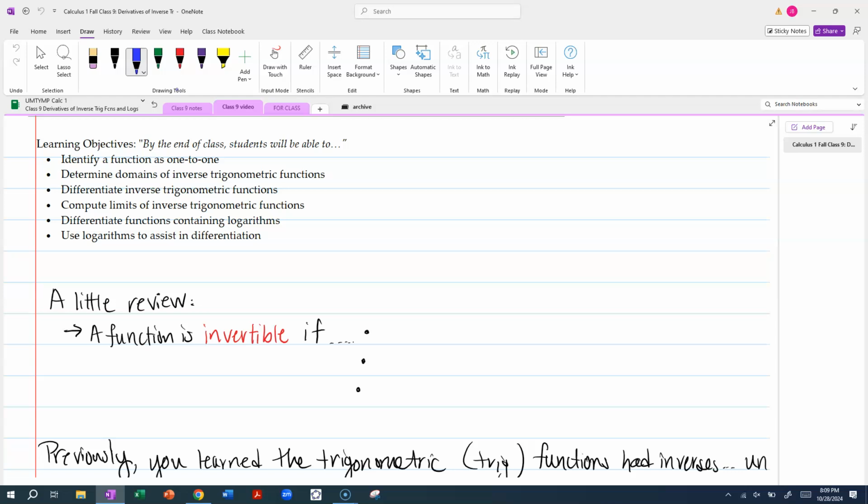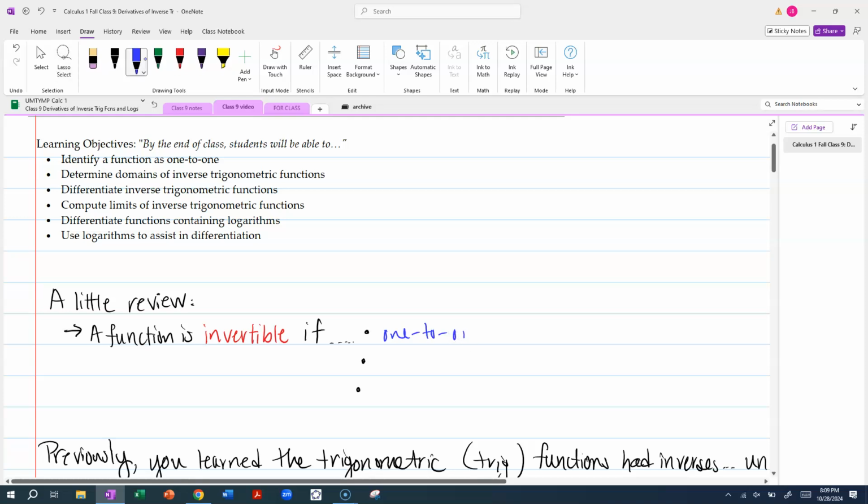Just as a warm-up here, let's think about functions being invertible. Another way to say it is that a function has an inverse function if it has three things. First, it is a one-to-one function.